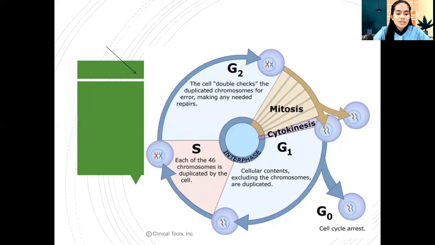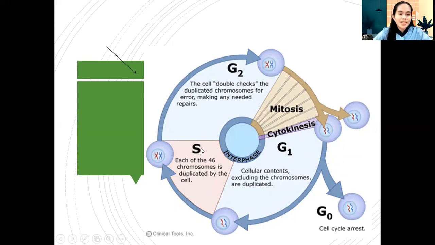So we have here your GAP1 first. Okay, so this is G1. So in your GAP1, cellular contents, excluding chromosomes, are duplicated. So all of the cellular contents except chromosomes are duplicated.